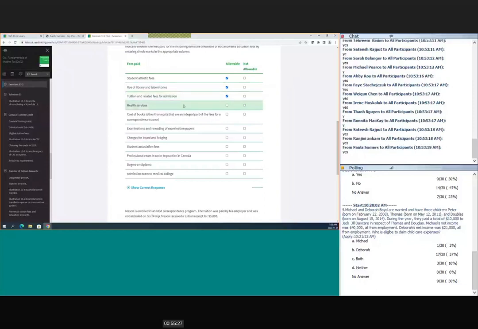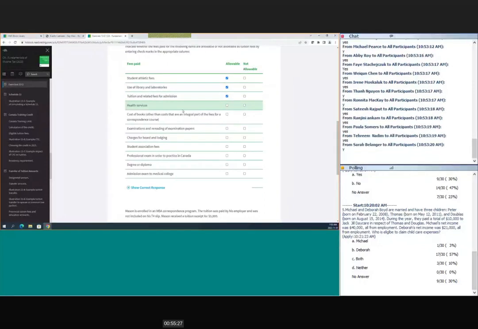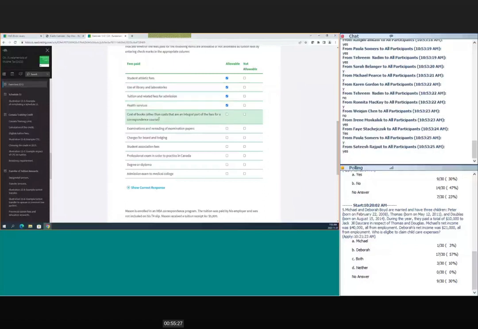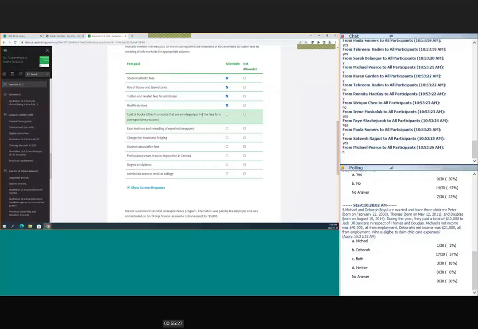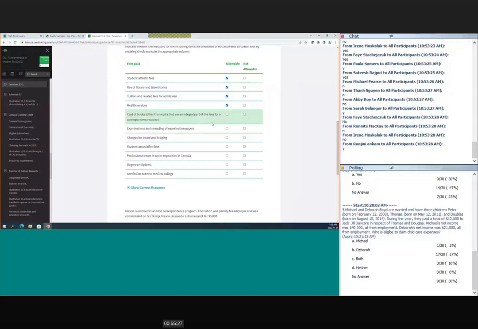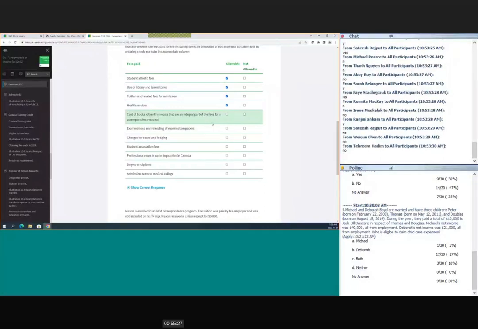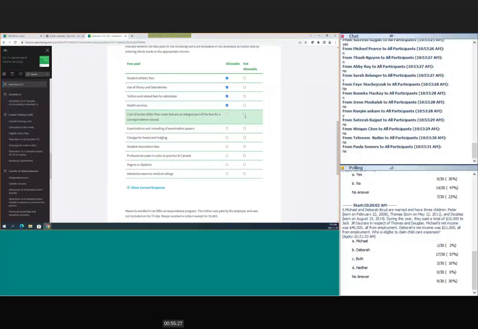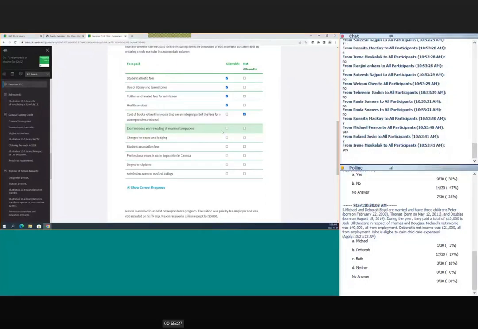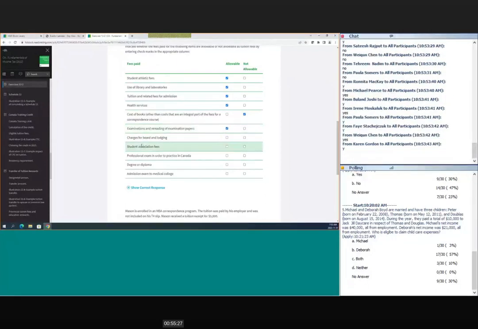Of course. Health services. Yes. Cost of books, other than costs that are an integral part. That's right, it is not allowable. I'll talk to you about that after we're done here. Examinations and reading examination papers. Is that an allowable tuition? Yes, it is. Thank you.